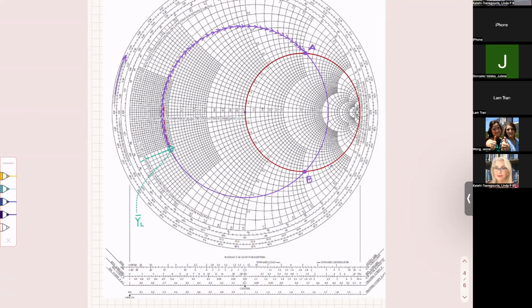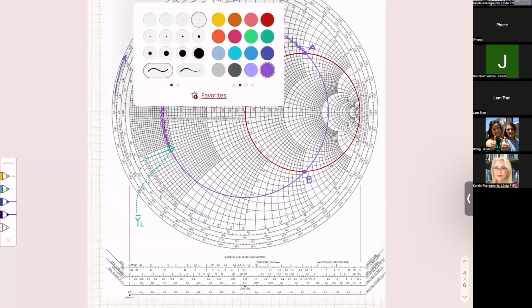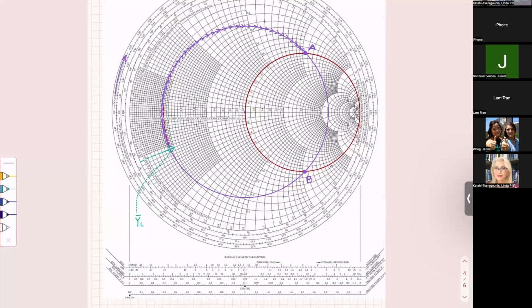All right, I can continue and I can use a different color, like a lighter one, or I can continue here.